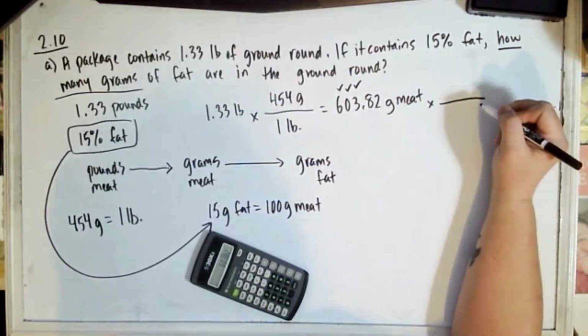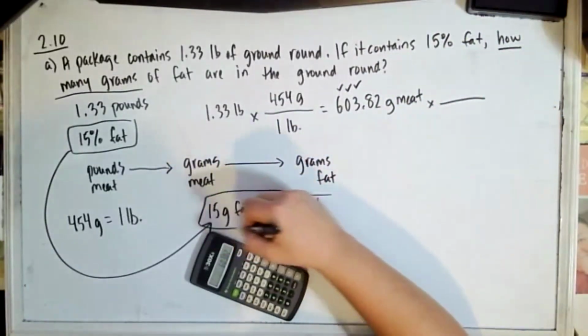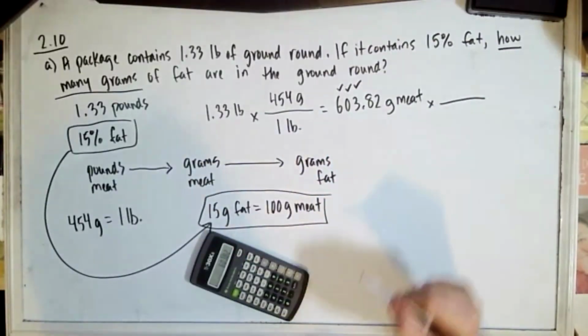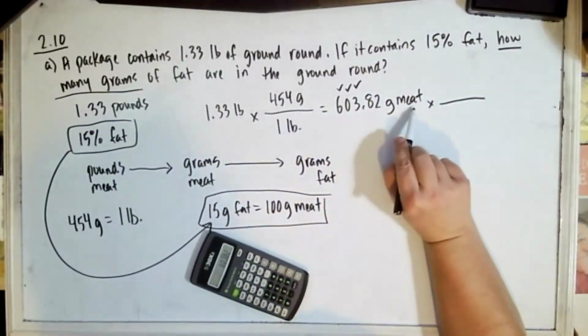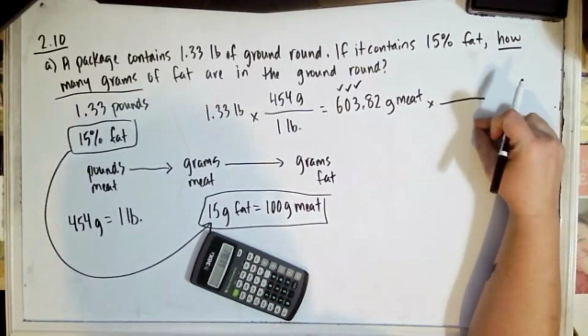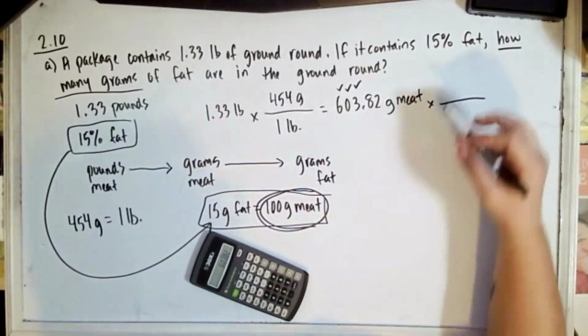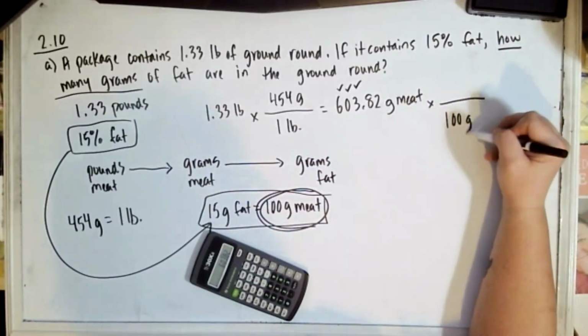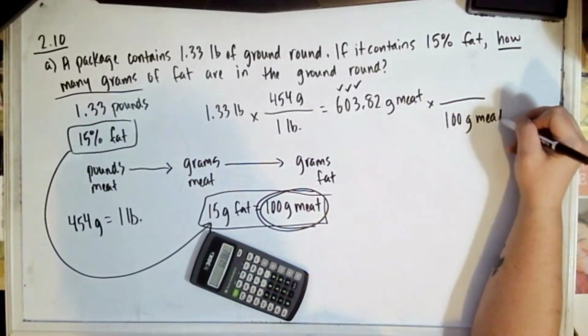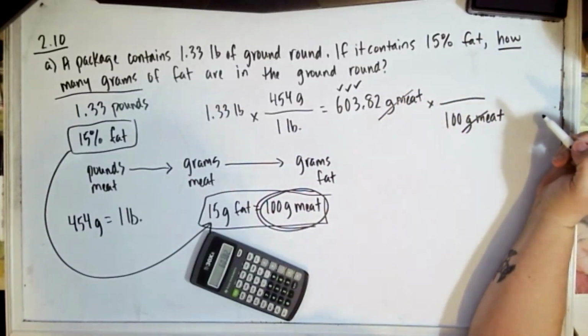Now to figure out our percent fat from that, we're going to be incorporating this equality here. So this represents our total amount of meat. So on the bottom of our conversion factor, we have to use the value that represents the total amount of meat. That's going to be the 100 grams. So now that unit can cancel out.